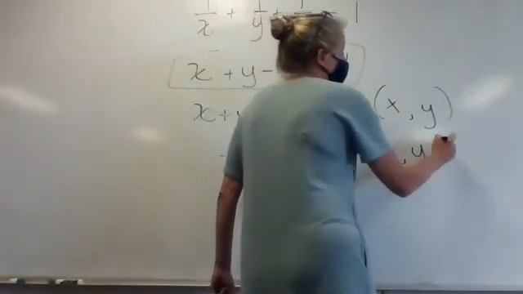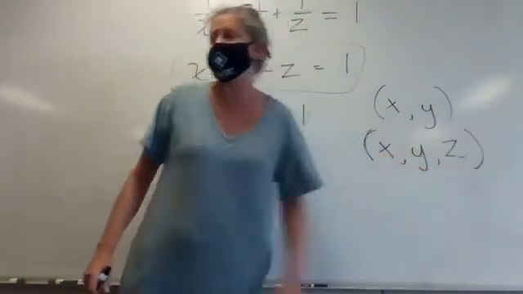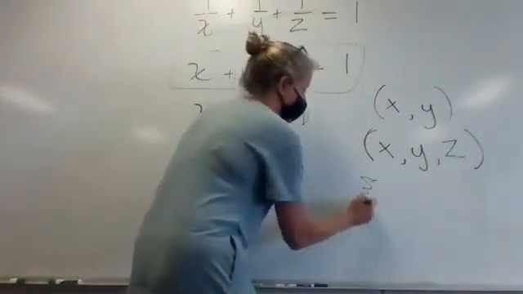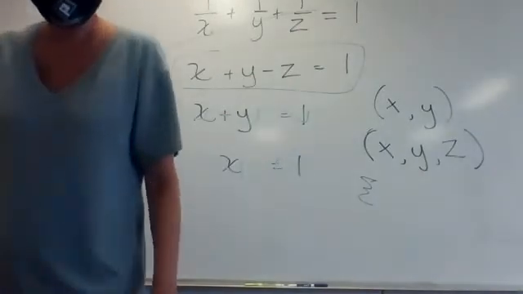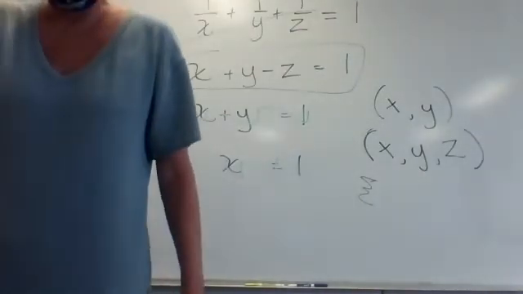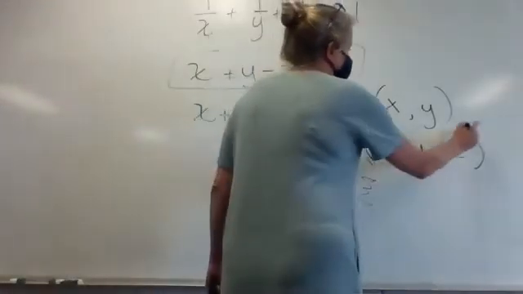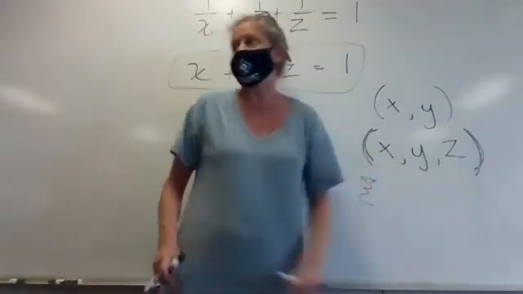It's got an x, a y, and a z. So the ones with the parentheses around them, this is what the answers to systems of equations are going to look like. We're going to solve for the x, the y, and the z.